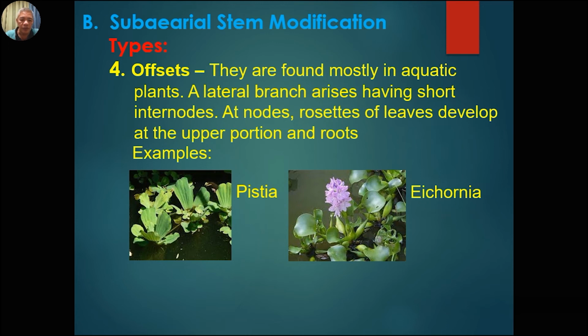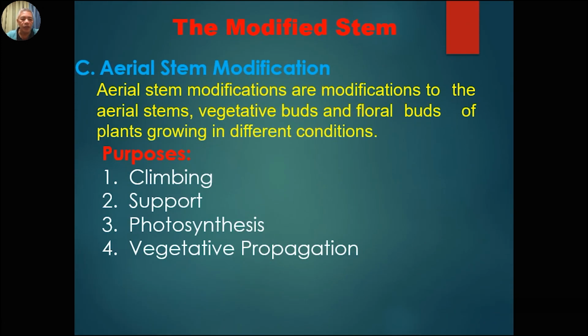An example is water lettuce. I am not sure if this is what we call Quiapo. Then we have Eichhornia. I am also not sure what it is called. Alright.